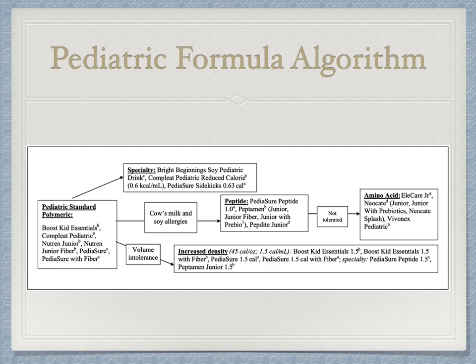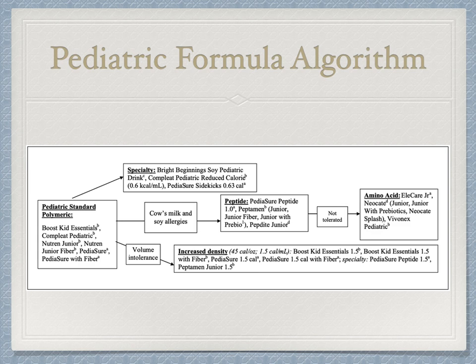The specialty formulas are the Pediasure Peptide 1.5 and the Peptamen Jr. 1.5. If it comes down to it and I have to make a choice, I prefer to use the formulas that are slightly broken down in the ICU setting. I feel like they're better absorbed and better tolerated with some of the medications and perfusion and fluid issues that you might have in the ICU setting.